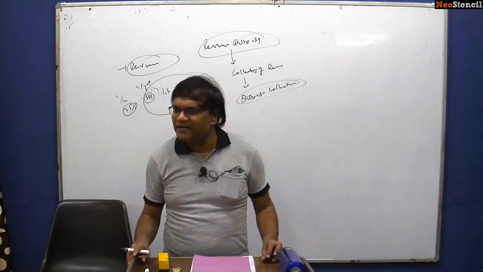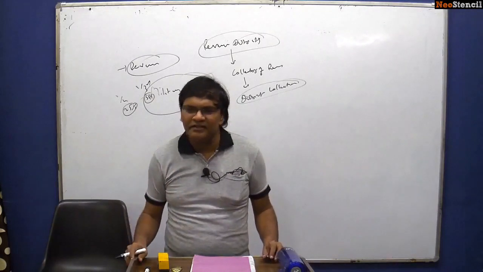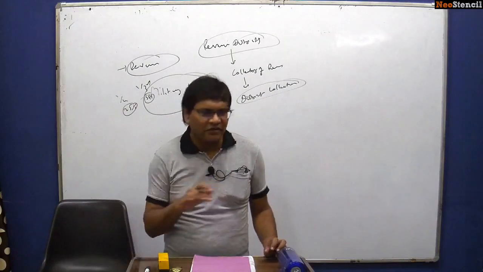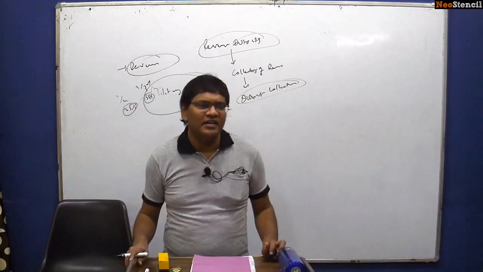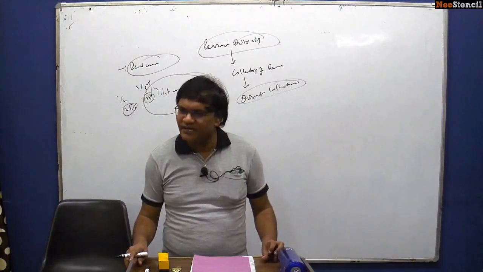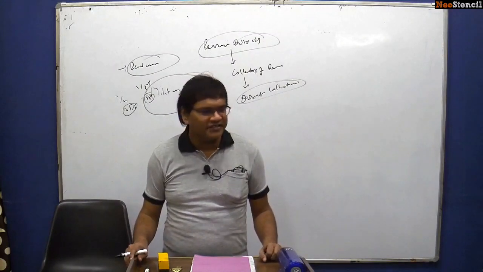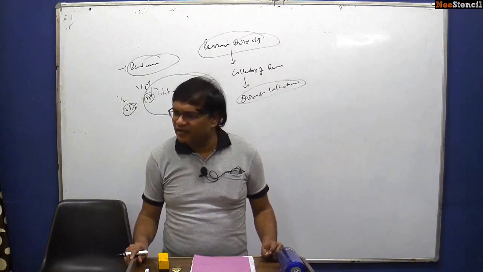And as chief development officer of the district, he is responsible for implementing the developmental schemes of the governments, both central and state governments. As chief coordinator in the district, he is responsible for ensuring coordination between all the departments in the district. And then as a chief of the district disaster management authority, he is responsible for disaster management also.